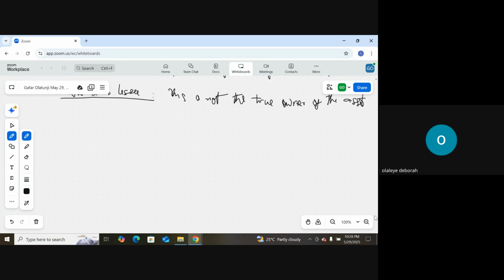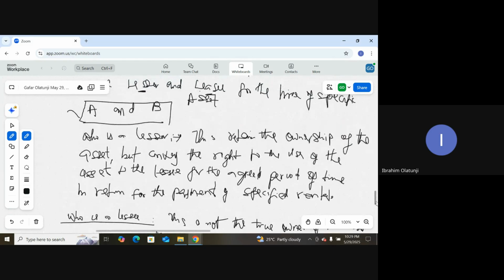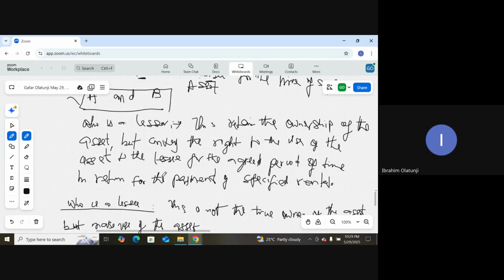This is not the true owner of the asset, but makes use of the asset. So there is a clause there. It's not the true owner of the asset, but makes use of the asset in return for payment for a specific rental.